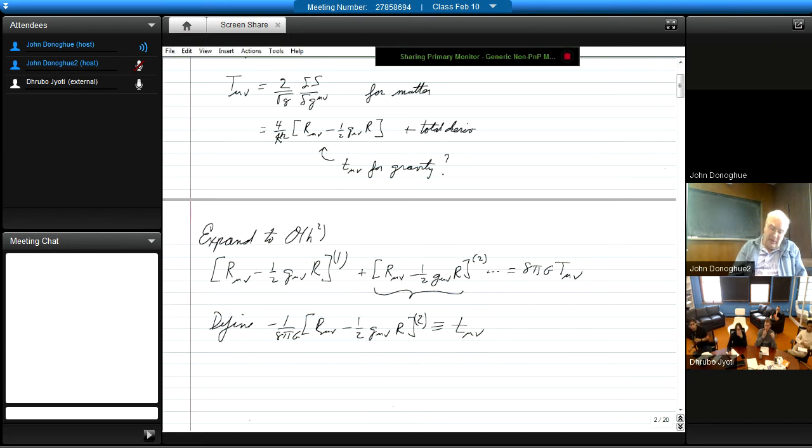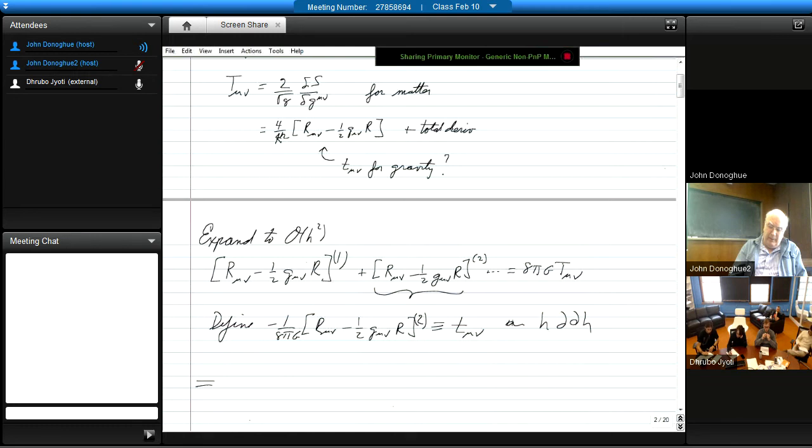Okay, little t mu nu now involves h, 2 derivatives h. That's okay. The curvature involves 2 derivatives. This is second order, so it has 2 h's, 2 derivatives.